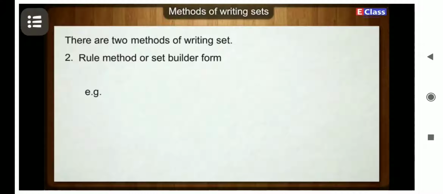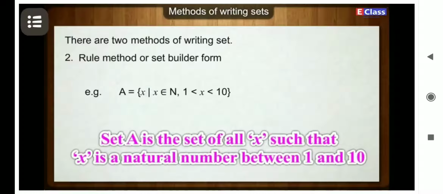Example: A = {x | x belongs to N, 1 < x < 10}, read as set A is the set of all x such that x is a natural number between 1 and 10.